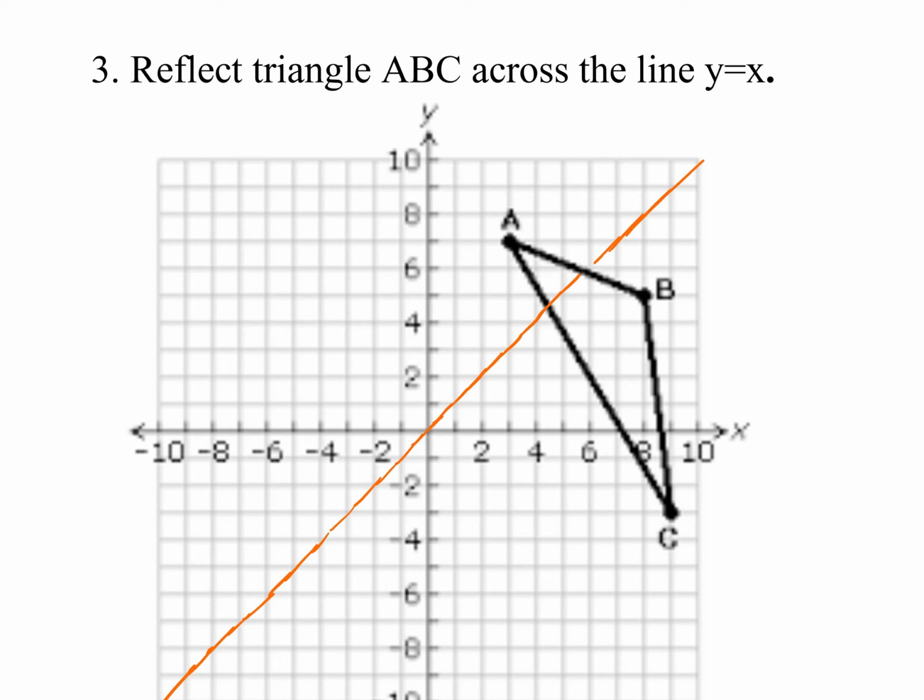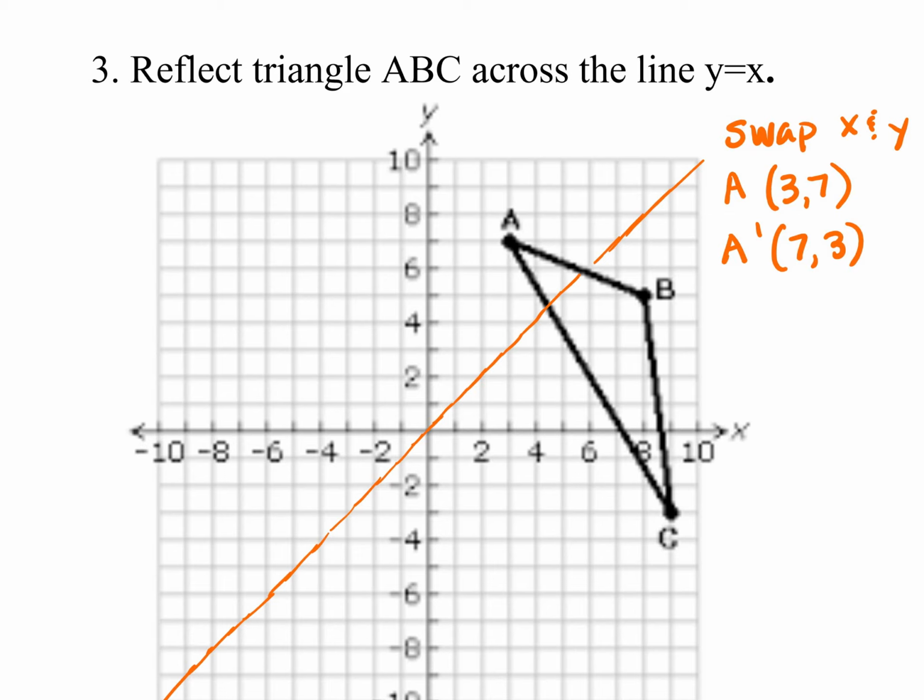If y equals x, then for that reflection, I know I need to swap x and y. And then I need to not change any of the signs. So we're not going to mess with the signs, just swap x and y. So this A point is 3, 7. So if A is 3, 7, then A prime is going to be 7, 3.